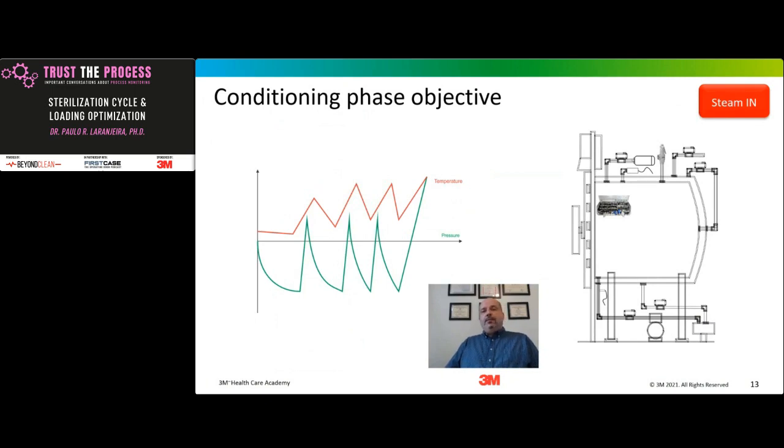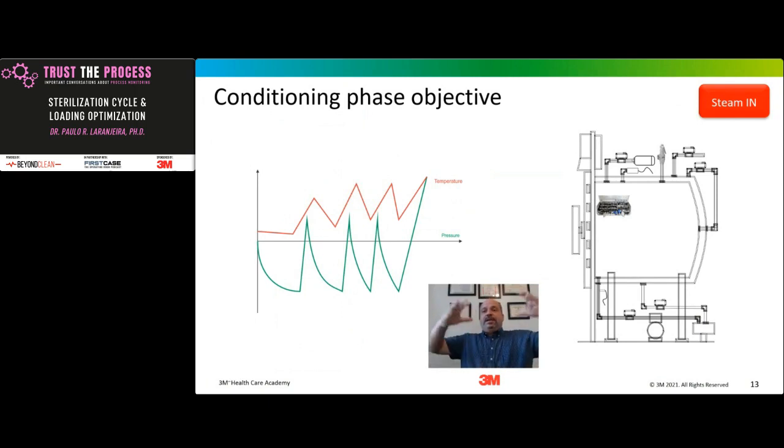Imagine that once I have water or condensate inside of the chamber, in volume, it's 1 to 700. So when condensate goes from the liquid phase to the vapor phase, the volume it occupies inside of the chamber is 1 to 700.